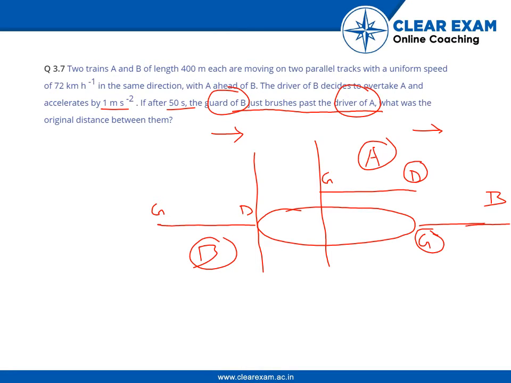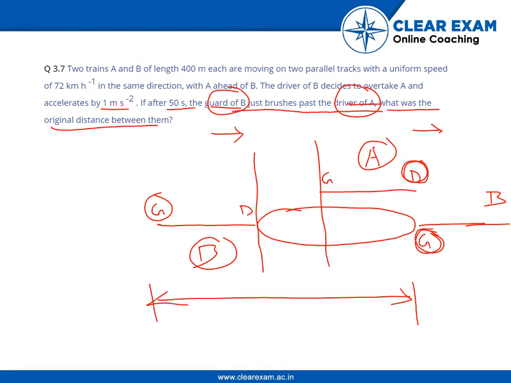And what is the question? What was the original distance between them? That means guard of B and driver of A. So guard of B is located here, but his initial position was here, and driver of A, that is this. So we need to find out this whole distance, right? Now think about it.